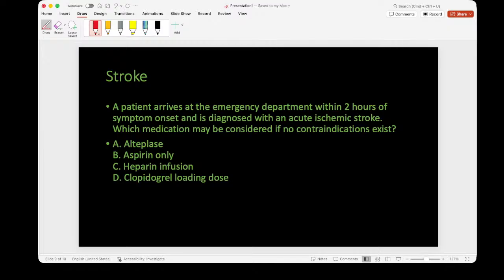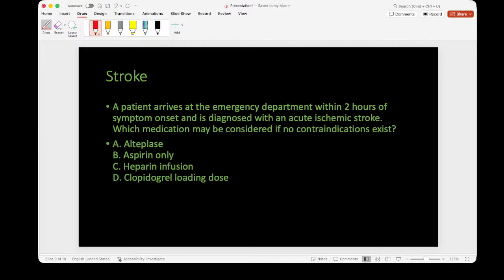The other ones are used in later therapies, and you probably don't see things like heparin or clopidogrel used as much, because those are more for when a patient has a stent or is experiencing a deep vein thrombosis.